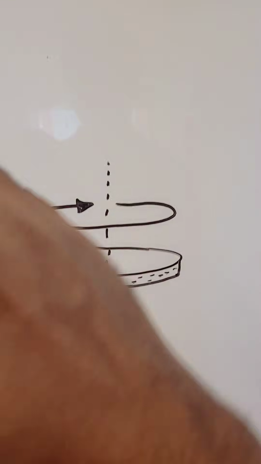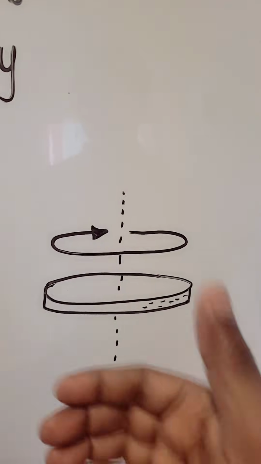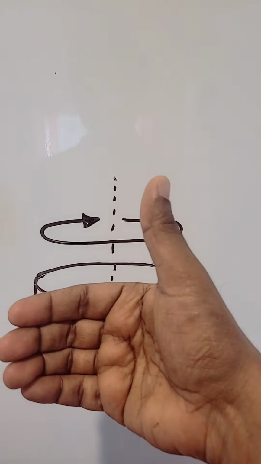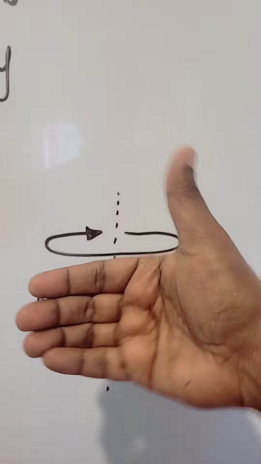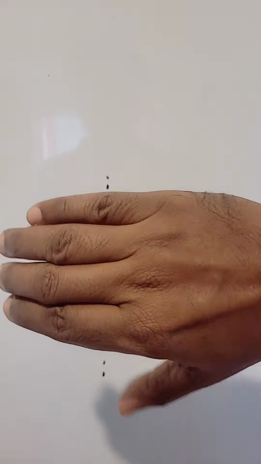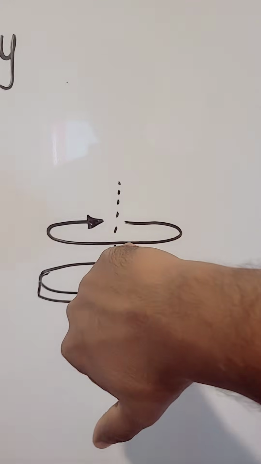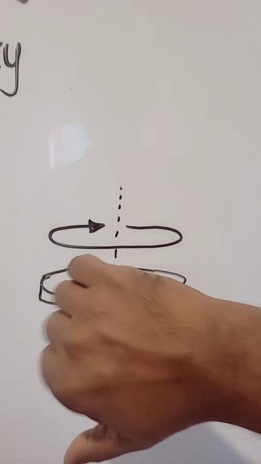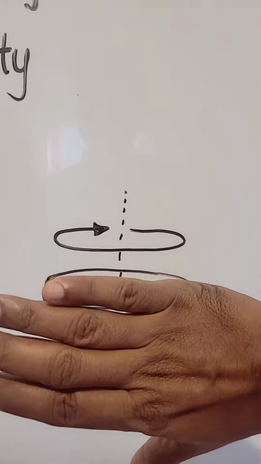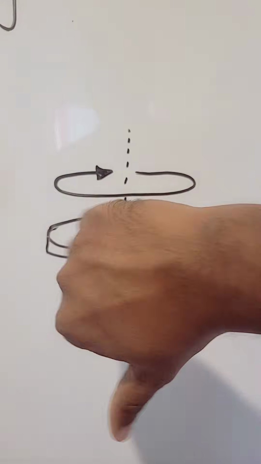So that's not right. What you need to do is flip your hand, like that. And now can you see? Now your four fingers can be aligned with the direction of rotation.